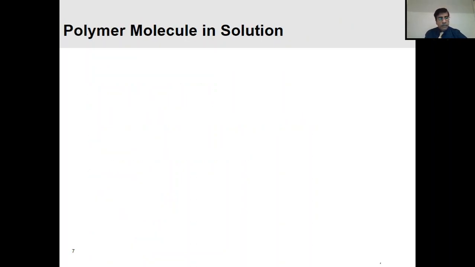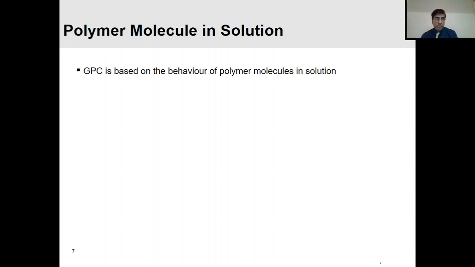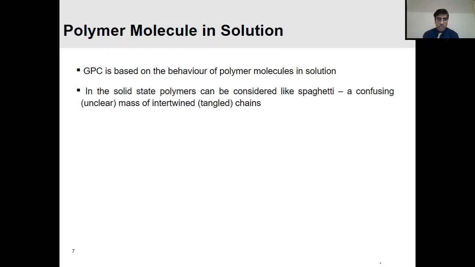Now we are talking about how polymer actually behaves in solution. We have discussed this in lecture 4, how the polymer behaves. GPC is based on the behavior of polymer molecules in solution. In the solid state a polymer can be considered like spaghetti, a tangled chain.